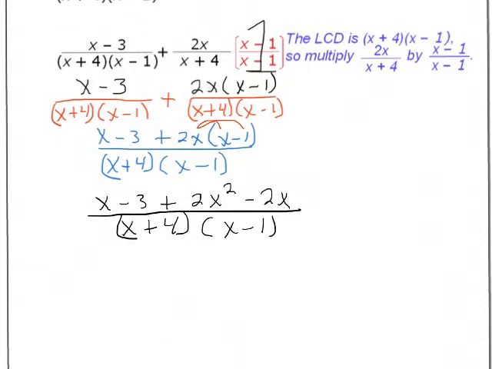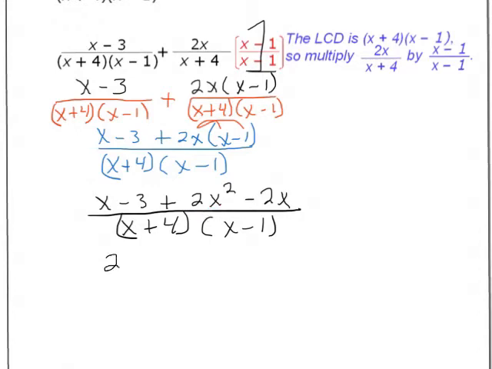Alright, now, what next? Well, look to see if there's anything up here you can add together. Like, are there any like terms? Well, I have an x, and I have a negative 2x. And it also appears that I need to get it in standard form, because I need to have my 2x squared first. So let's rewrite it.